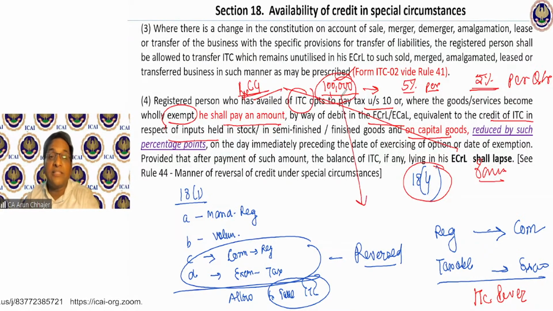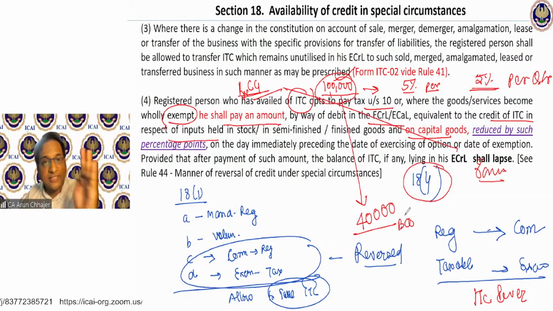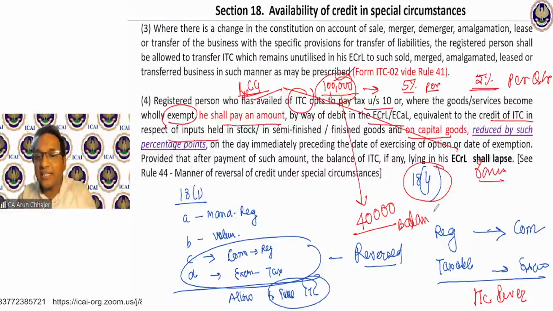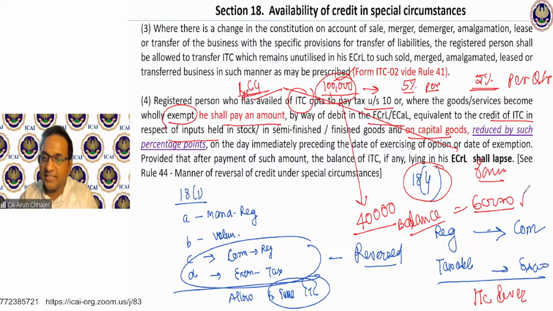So 2 years means 40%. I will reduce 40,000, then the balance 60,000 I will reverse. But the stock, you have to reverse entirely.